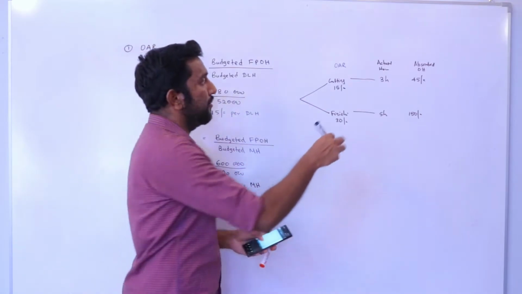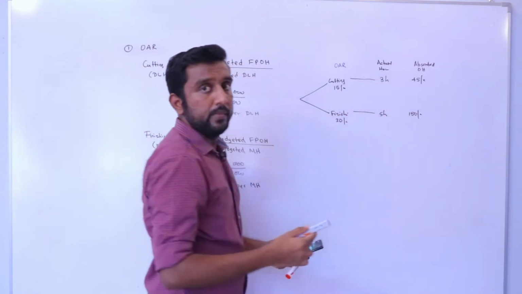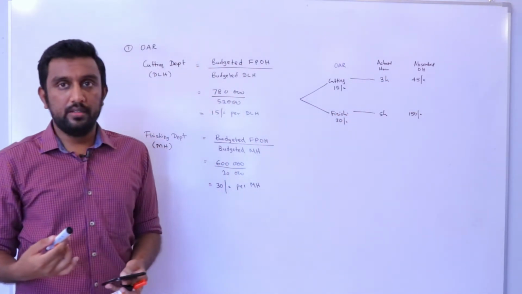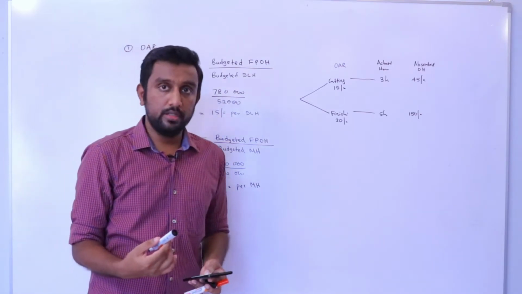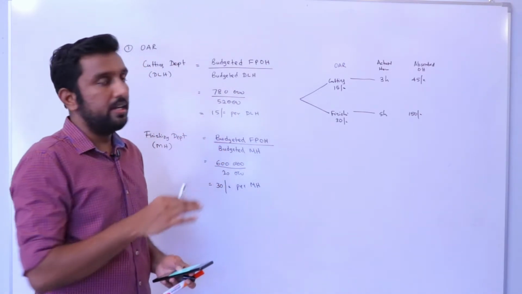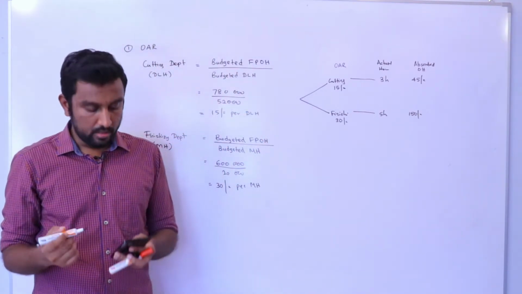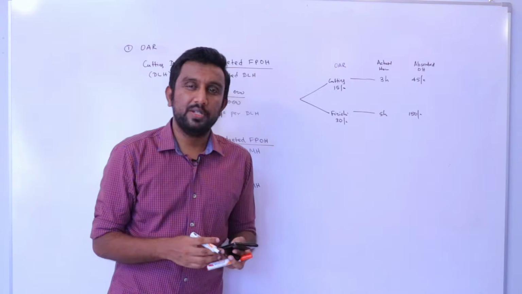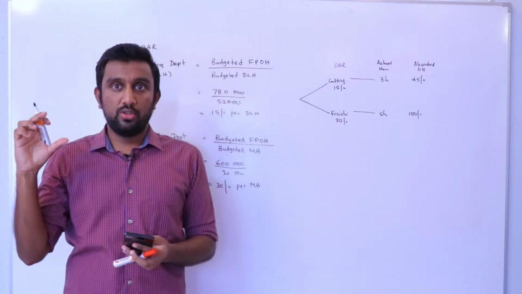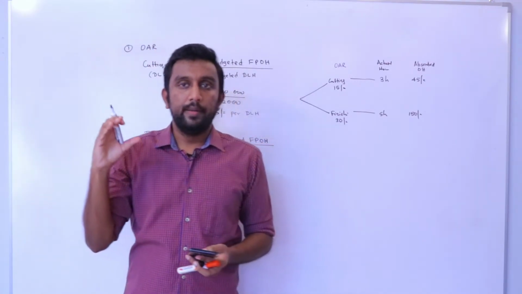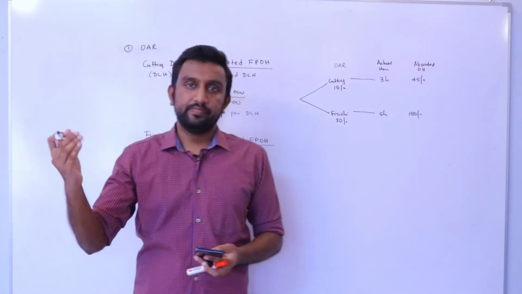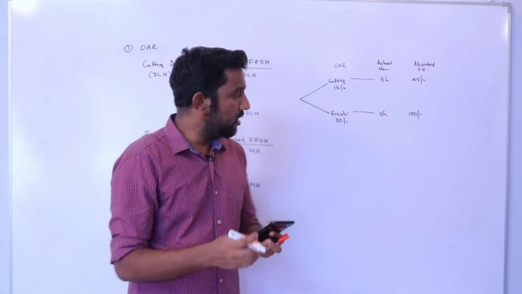You don't have to write what these are, because it's just a working. No one is going to give the marks for this, right? So you just need to find it. I'm just writing this to make you understand what it is, right? Fine. So second question is cost of production. Cost of production means what? The production cost. Production cost includes what? The prime cost and the production overhead, right? So I'm going to find it.